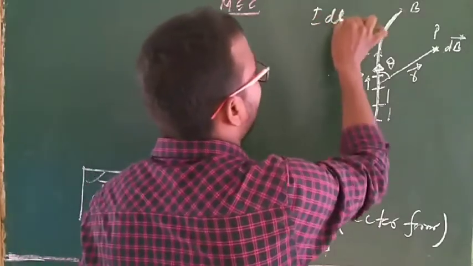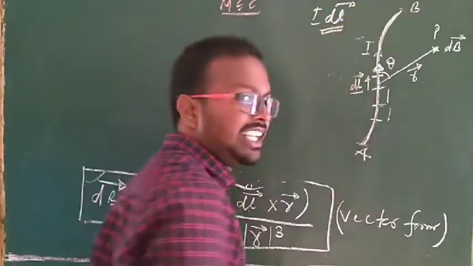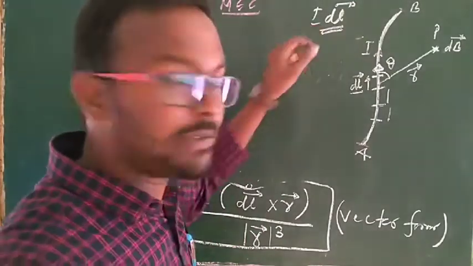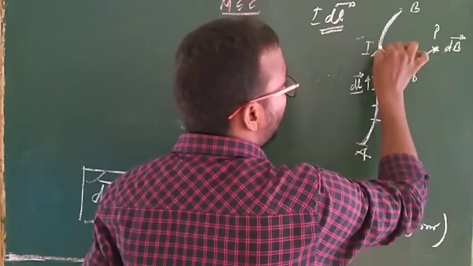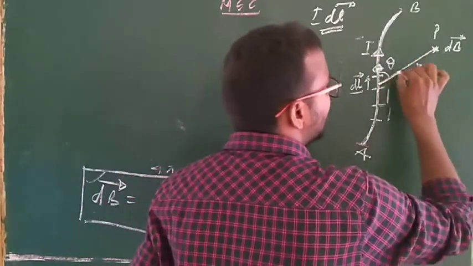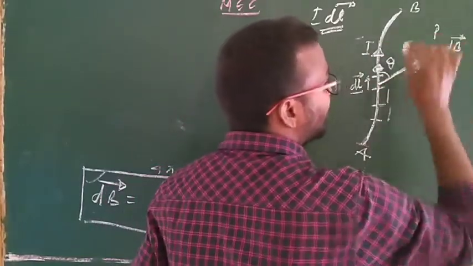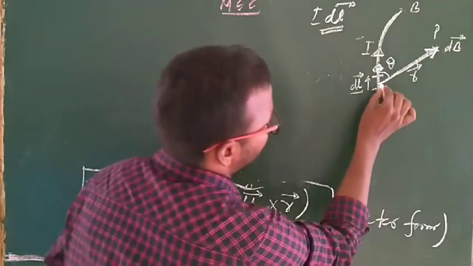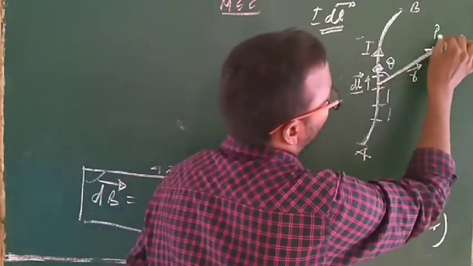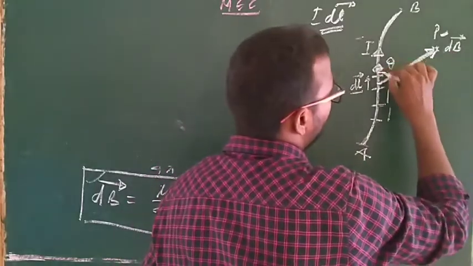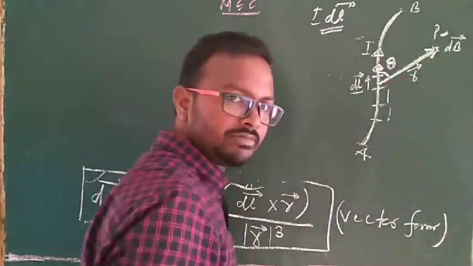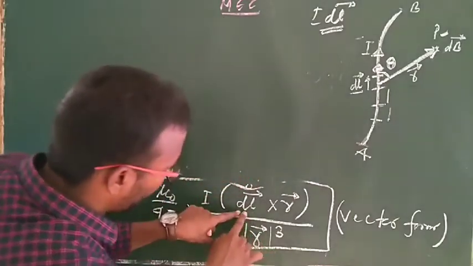Or I dl vector is also known as current element. This is current. Clear? So this is the direction of length element along the flow of current, and this is the direction of position vector, where we have to find the magnetic field dB, and the angle between the two vectors is theta. Clear?